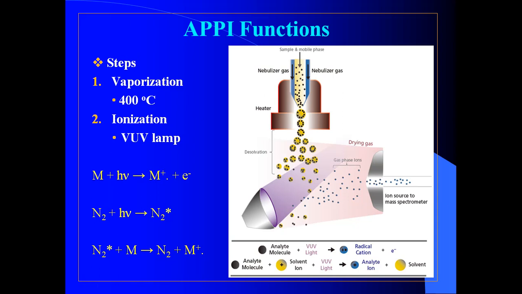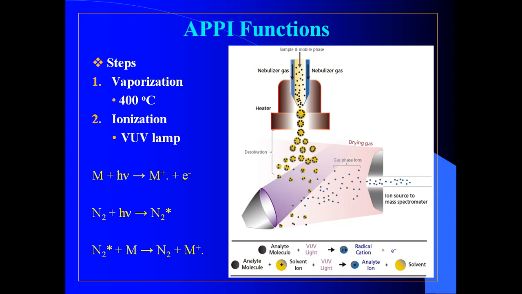The ions formed by the two mechanisms generate a current which flows to the collection electrode and forms the signal in the chromatogram. The lamp is usually selected so that the energy of the photon is below the ionization energy of the carrier gas. That is important. In later slides, I will show a table with the ionization energies of different solvents.